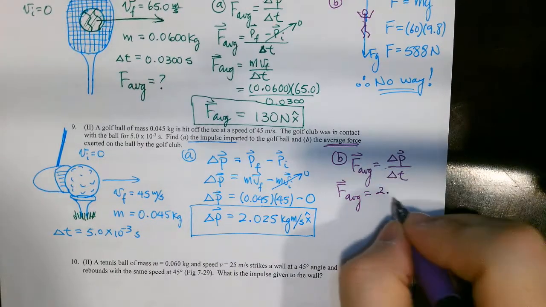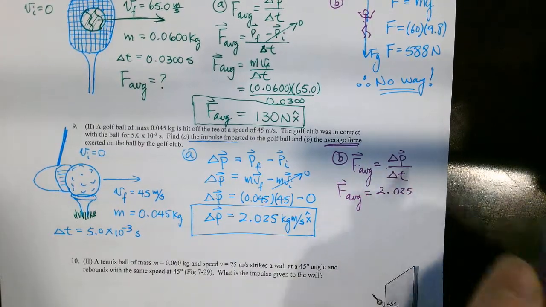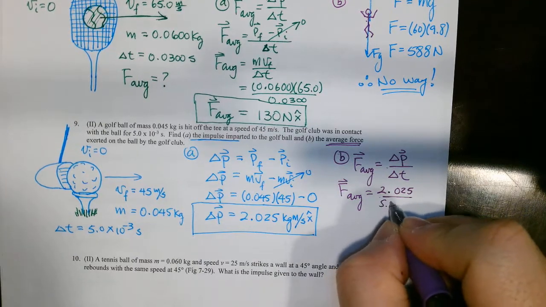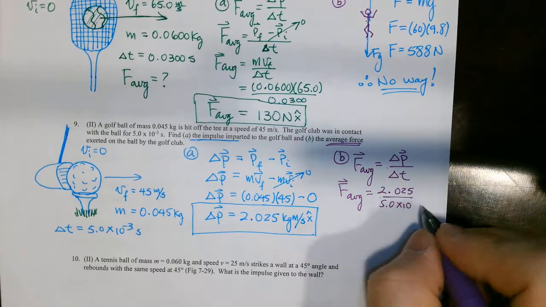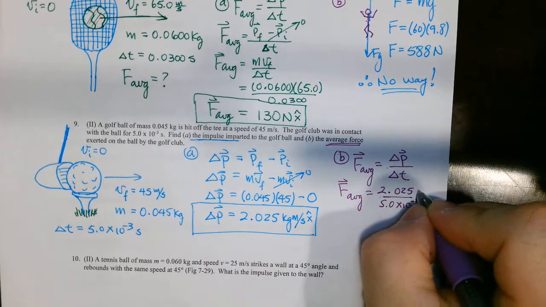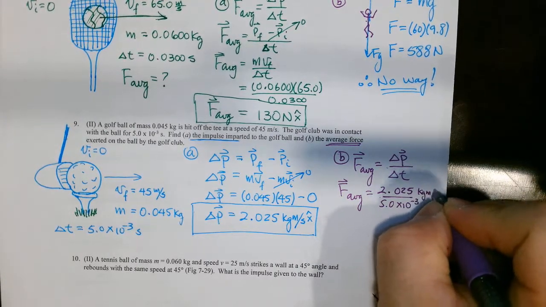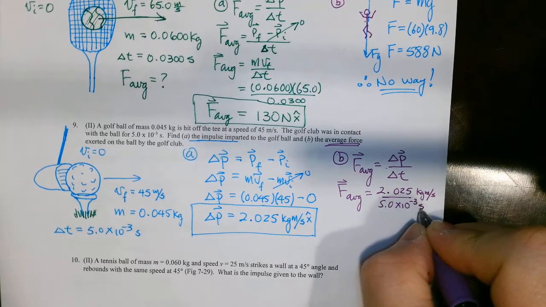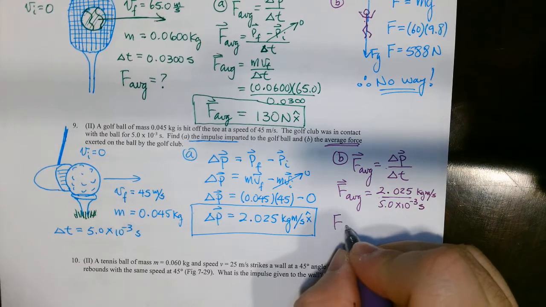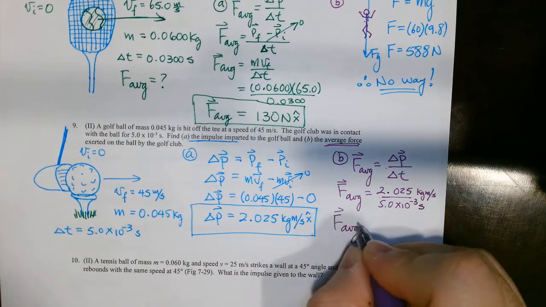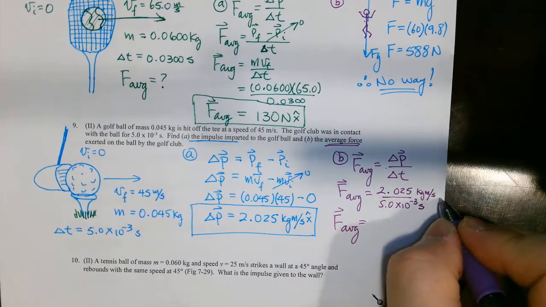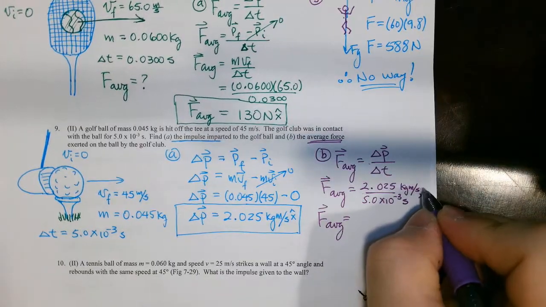So 2.025, divide that by delta T, which is 5.0 times 10 to the negative third seconds. Right. So this is kilograms meters per second, and this is seconds. So your average force comes out to, well, the exerted direction, I guess, if you want.